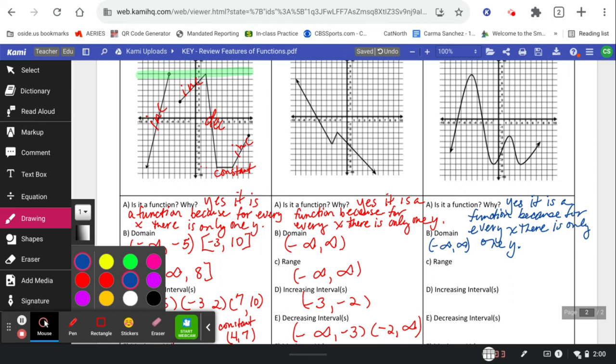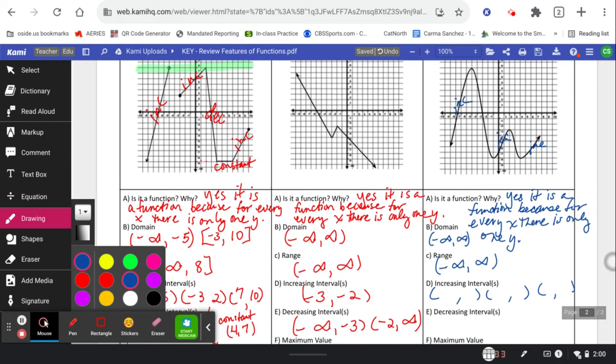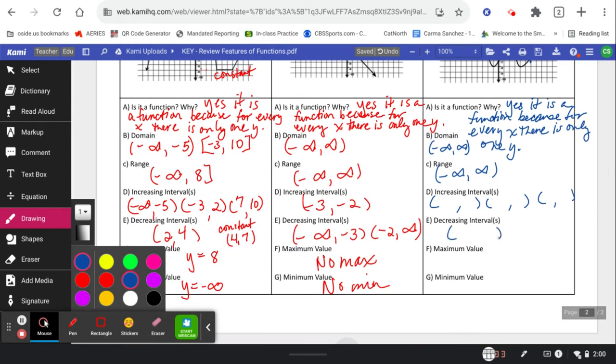Range goes forever down to forever up. Increasing is going to be this section right here, this section right here, and this section right through here. 3 sections of increasing. And then 2 sections of decreasing.